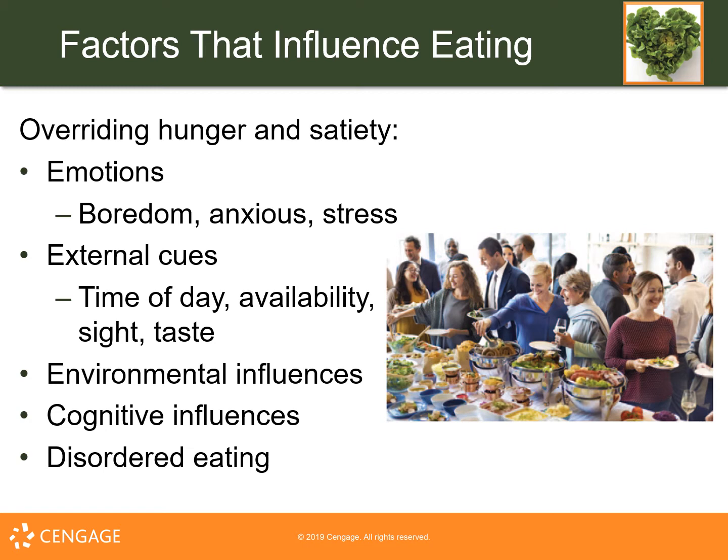You also have external cues like the time of day, availability of food, seeing food, tasting food, things like that. Environmental influences, things like large portions, may influence you to eat more than you would have otherwise, or having your favorite foods available to you might cause you to eat more.